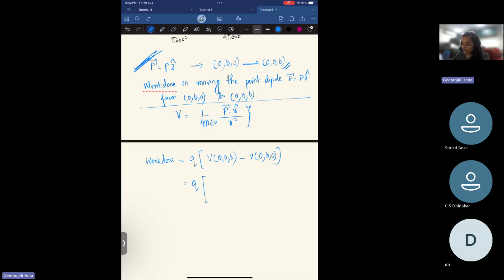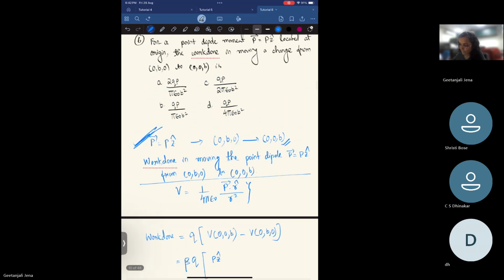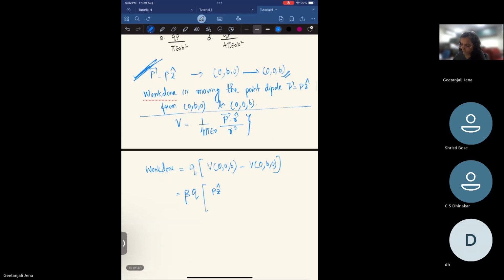The formula is given, so let me write 1 by 4 pi epsilon naught as beta. P is given, P z cap. And the point R is also on the z axis, which is b. So R cap is also z cap, and this is b square.